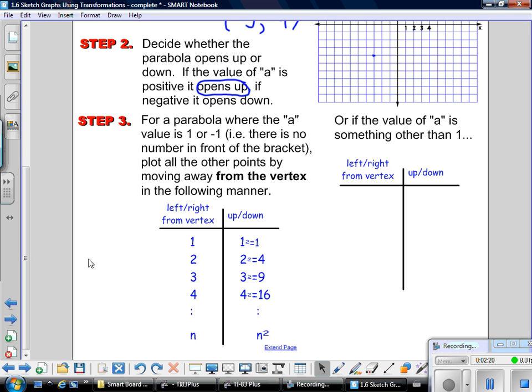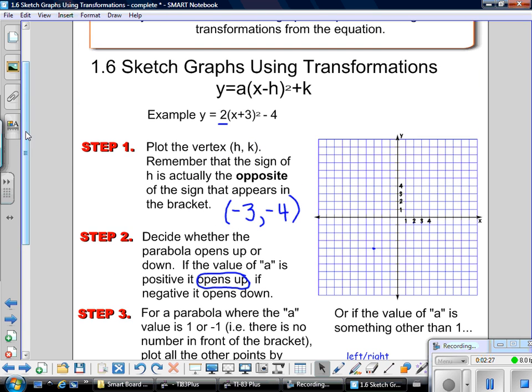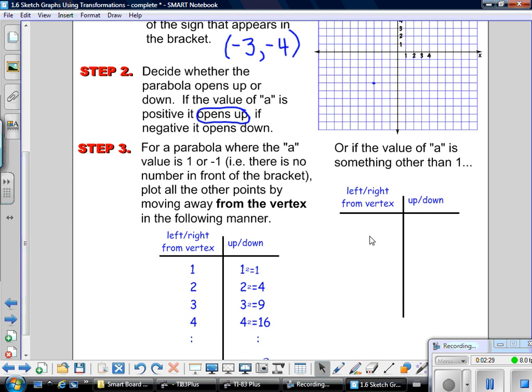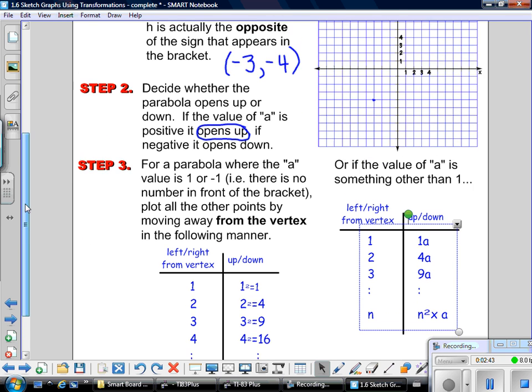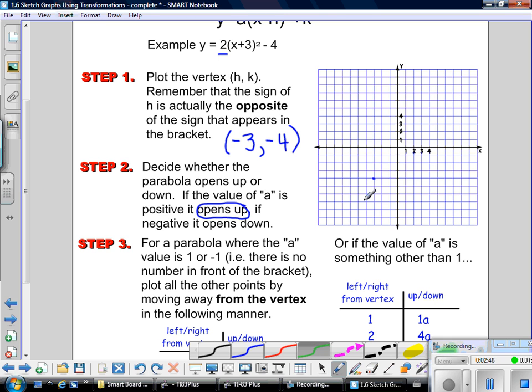Now, in this case, we have a problem because we have an a value that's not 1, it's 2 this time. So what we need to do is take the step pattern from when a is positive 1 and multiply it by a. So we're going back to our question, and we're going to our vertex.